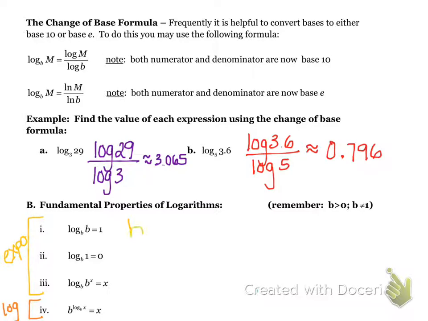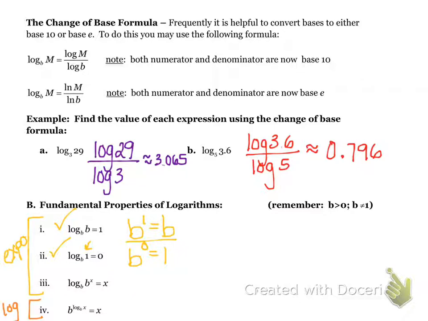So this one is b to the 1 equals b. Well, we know this, so this is something that you need to start to know. Log base b of b is 1. So when the base and the argument are the same, it's going to give you 1. And then when your argument is 1, because b, which is anything to the 0, equals 1, so when your argument is 1, you're always going to get 0. We need to know that too.